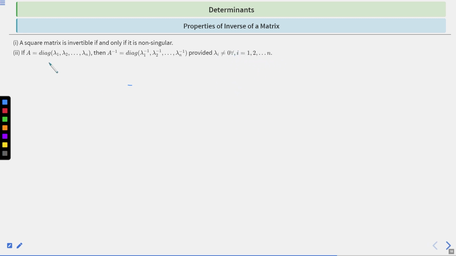Diagonal of lambda 1, lambda 2, lambda n means lambda 1, 0, 0, 0; 0, lambda 2, 0, ...; all the other terms will be 0, and lambda n. Clear? And diag(1/lambda 1, 1/lambda 2, ..., 1/lambda n) is basically 1/lambda 1, 1/lambda 2 in place of lambda 1, lambda 2, lambda 3, lambda n.